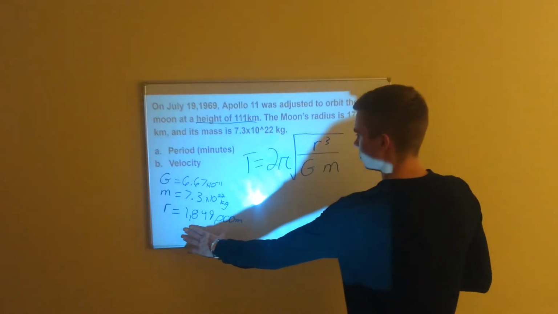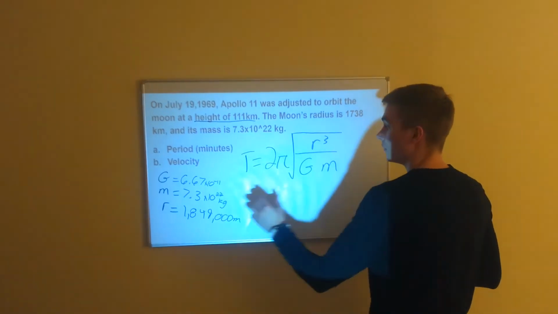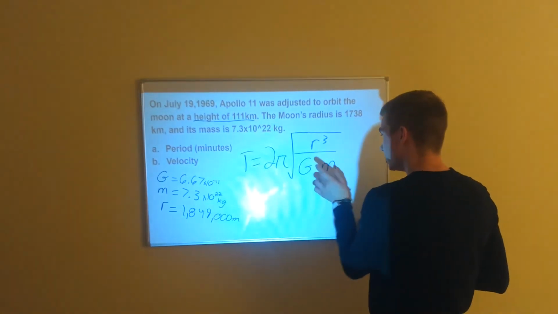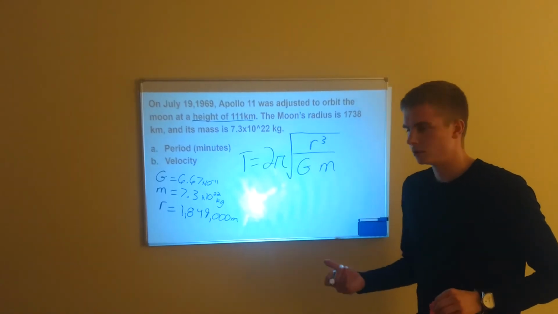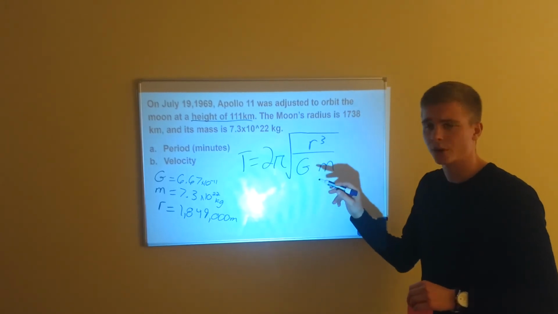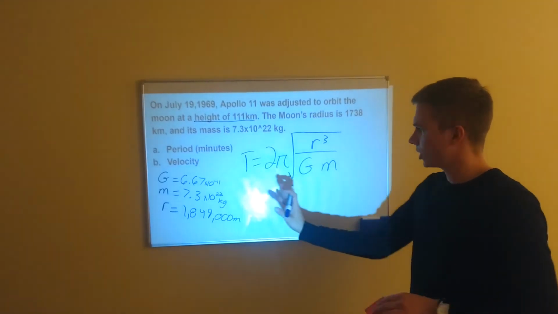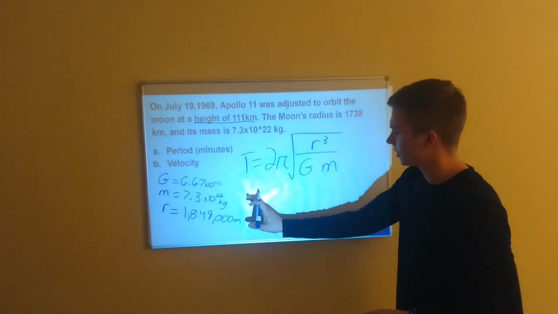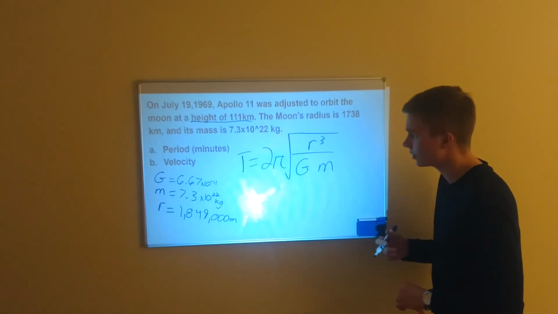So we substitute our r value in here, our g value here, the mass of the moon in here. Make sure that you are typing this into your calculator correctly, okay? So I would recommend that you learn how to use your parentheses and learn how to kind of type everything out so that your order of operations is correct.